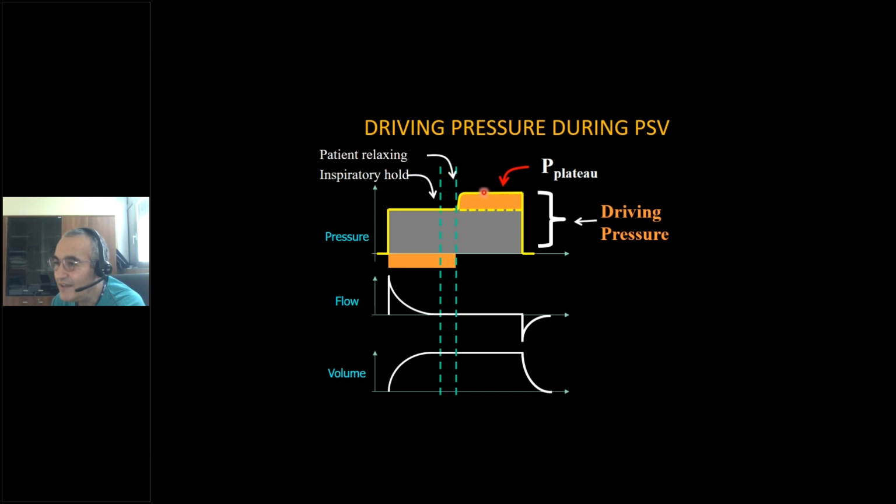If you get a plateau pressure following the occlusion, this is the plateau pressure that you would have had on controlled mechanical ventilation, and this one is therefore the driving pressure on pressure support of this patient.